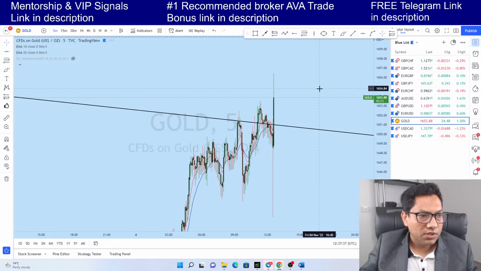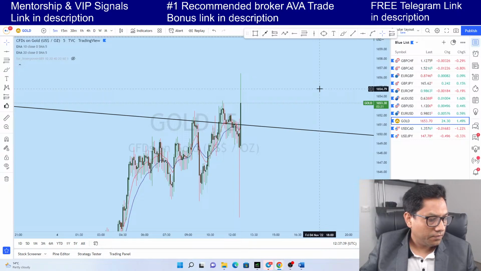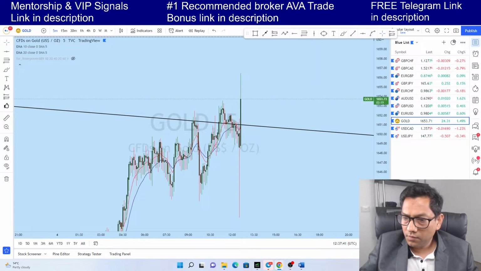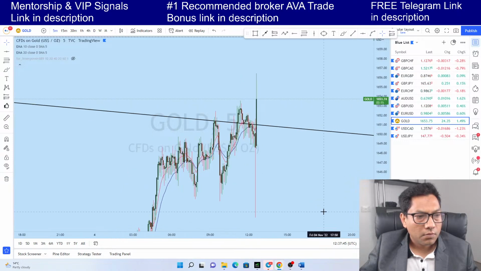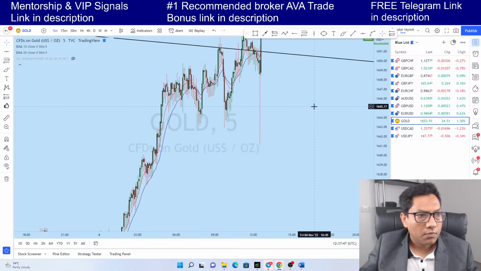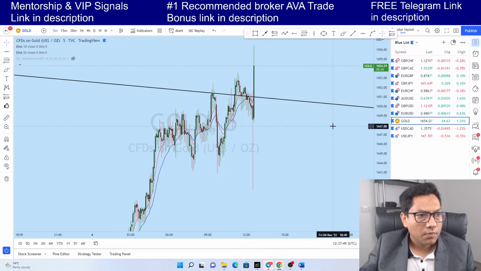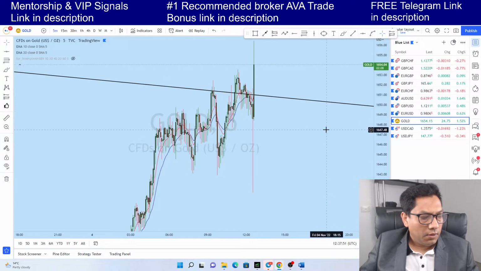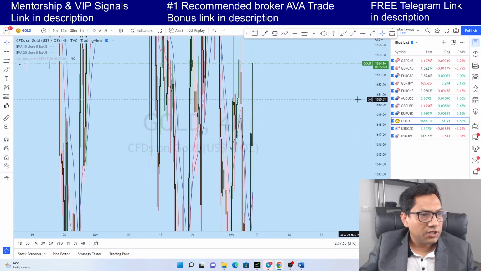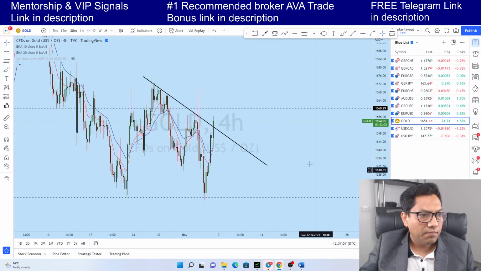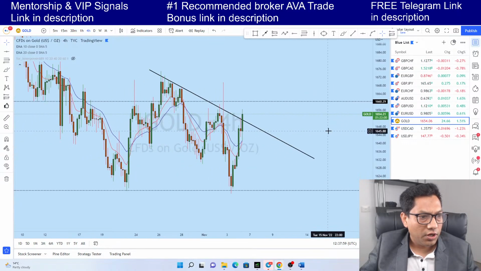Let's see how the spike is doing. Spike is always good for us. When there is a spike, we will definitely have some good trading opportunity.